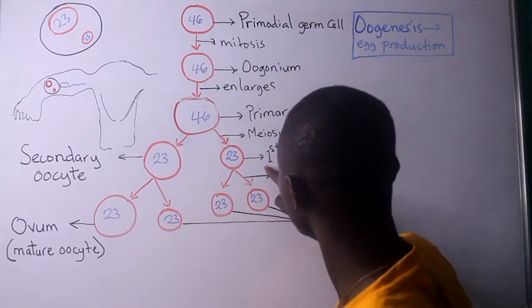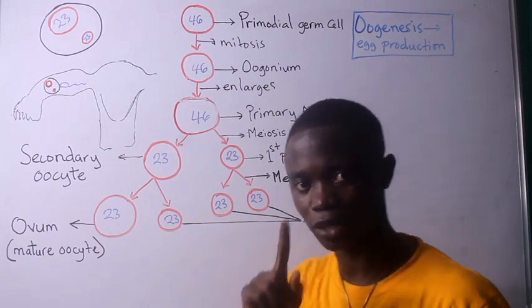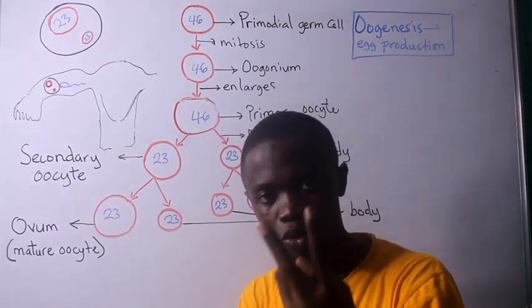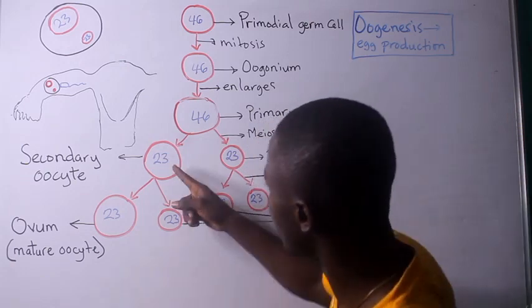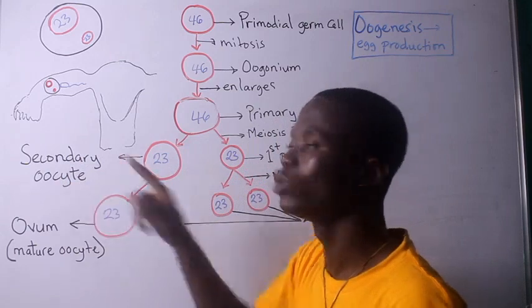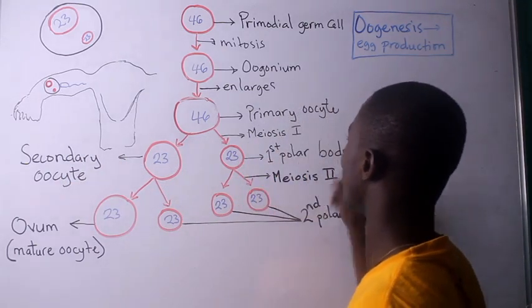We call it the first polar body because it's a result of meiosis 1. So at the end of meiosis 1, you produce two daughter cells. The bigger one, which carries the majority of the cytoplasm, is called the secondary oocyte, and the smaller one is called the first polar body.